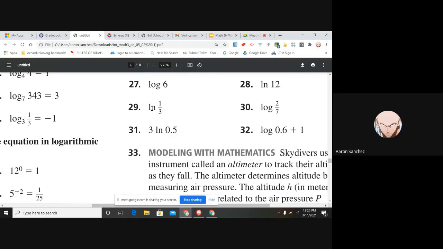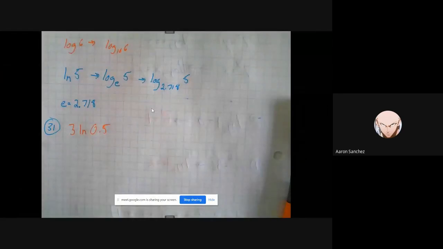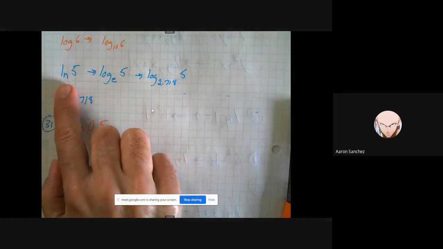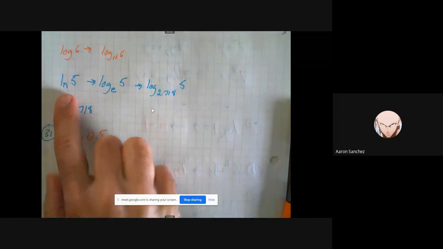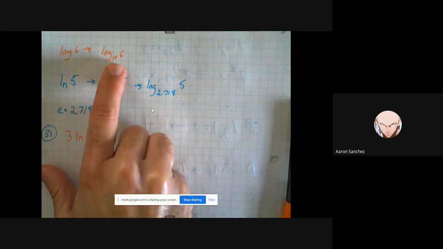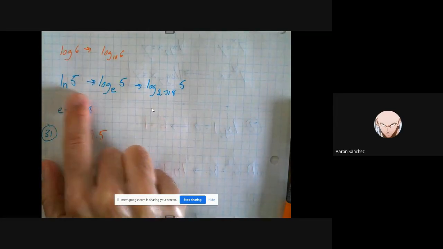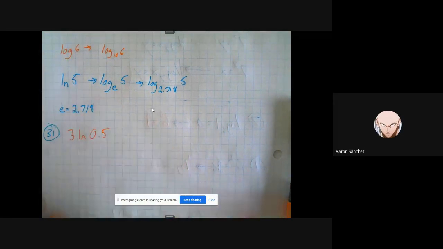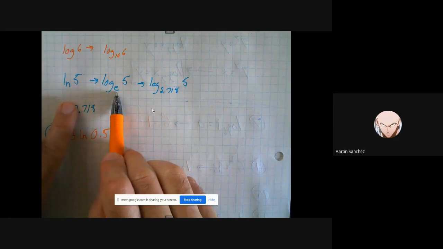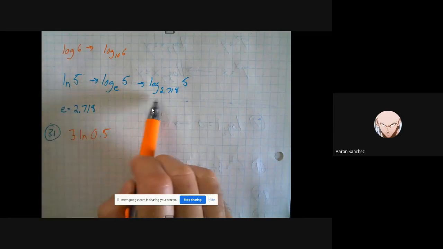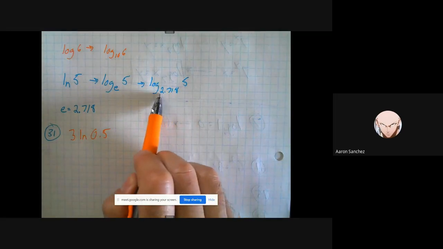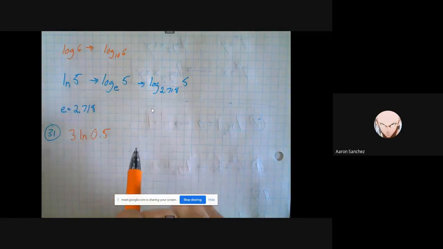So that's what I was trying to show you here. ln, that's an L, if you're confused by my handwriting. Log with nothing, log 6, is log base 10 of 6. Natural log 5 is really the log with the base of e of 5. And e is just a number, but you don't have to worry about that. You just have to know it's the ln button on your calculator.